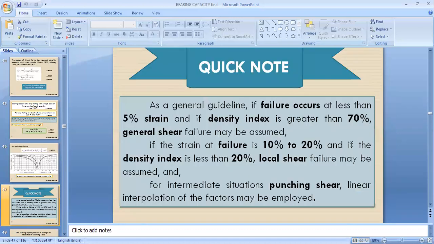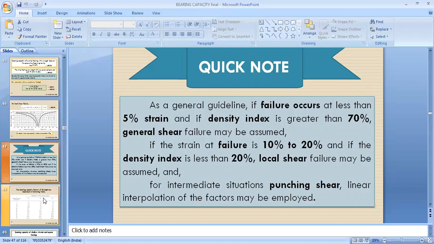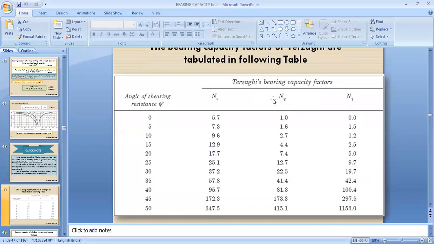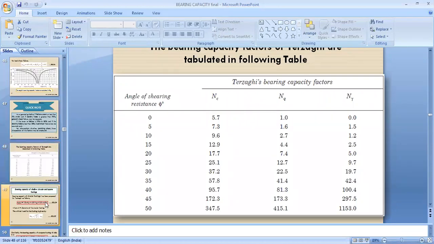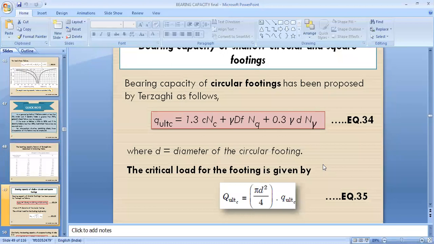Just a quick note: as a general guideline, if failure occurs at less than 5% strain and the density index is greater than 70%, general shear failure may be assumed. If the strain is between 10 to 20% and the density index is less than 20%, local shear failure may be assumed. For intermediate situations, punching shear failure. These are the different values for Nc, Nq, N gamma, as I told you from the graph as well.